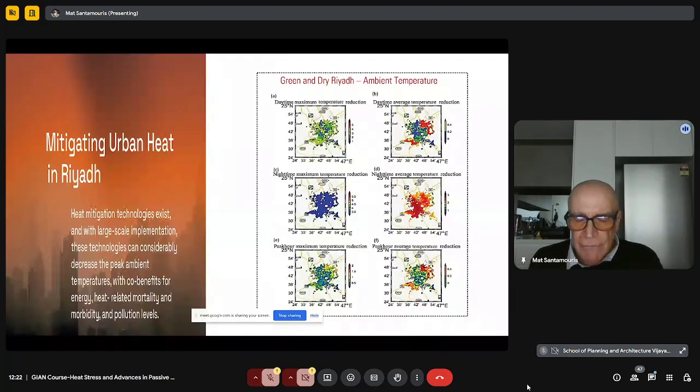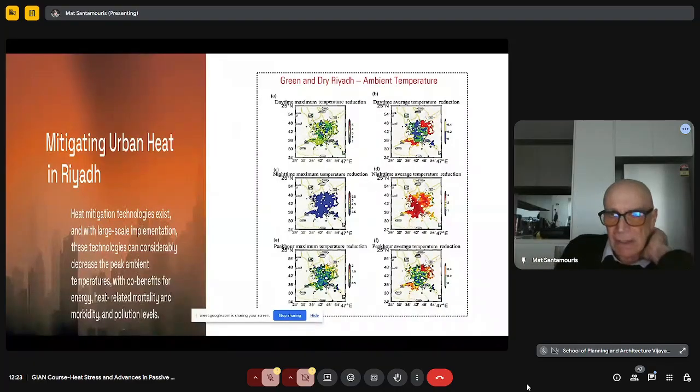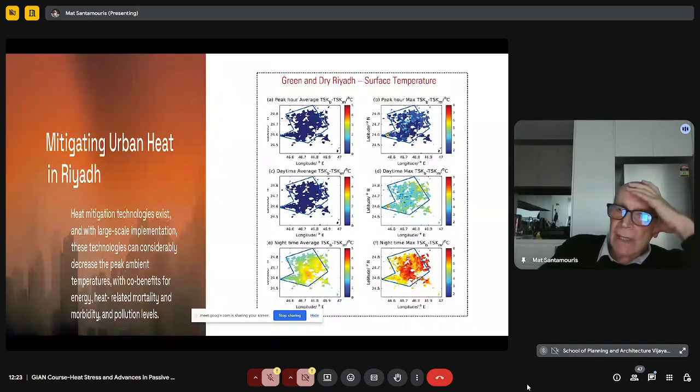But because the color of the leaves of the trees is quite dark, the temperature of the leaves is very similar or a bit higher than the ambient temperature. As a result, trees contribute to heating. We have seen this many times in real experiments, especially in arid climates like California. But also we know that in many parts of the world, during heat waves, the temperature inside parks is higher than the temperature outside parks.